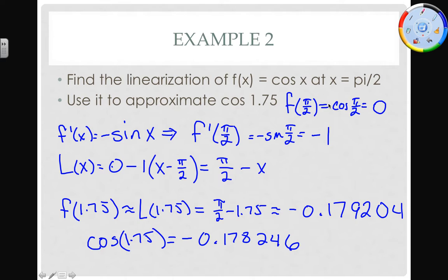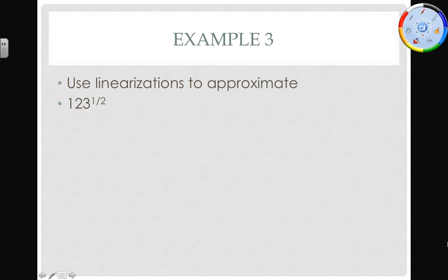The farther you get away from this a value, the less this is approximating. Because you think about a curvature of a line, your straight line's not really going to follow that curve very long. It's going to have to be very, very close to your a value in order for this to actually work correctly. Okay. So all right, one more like this.